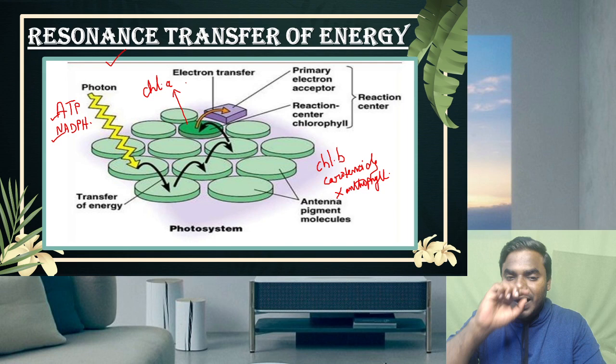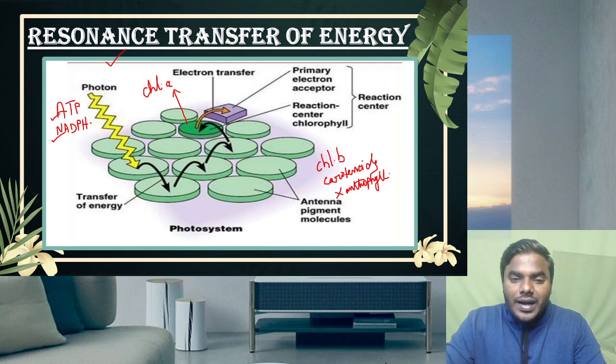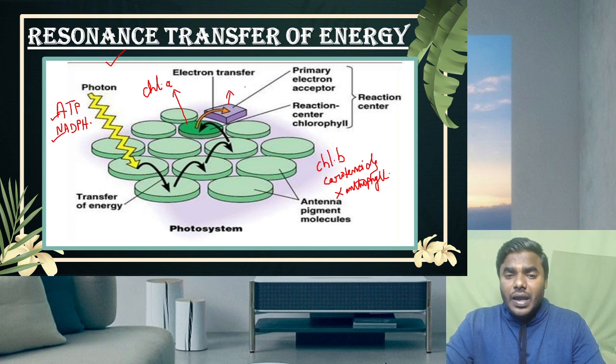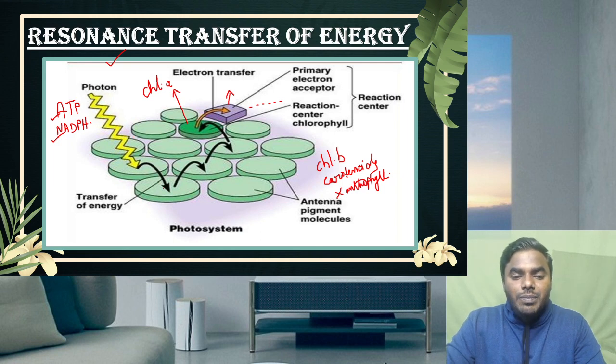I want every one of you to pay attention to this slide. And here you are able to see the purple color. What is that? It is the primary electron acceptor, followed by a series of several electron acceptors. Now friends, try to understand the concept. What will all the antenna pigments do? All antenna pigments absorb the light and transfer the energy to the reaction center.